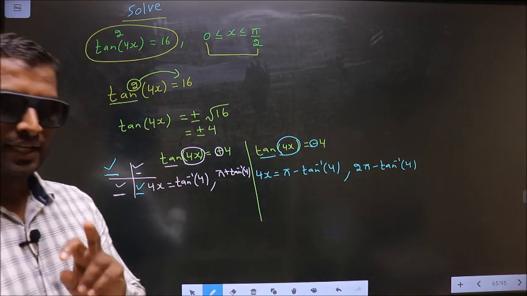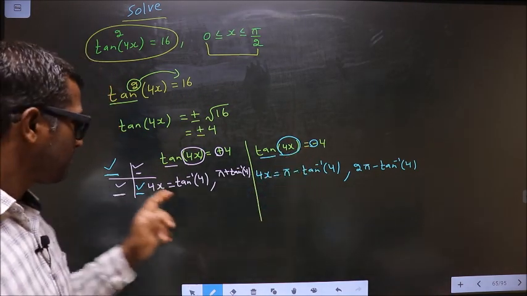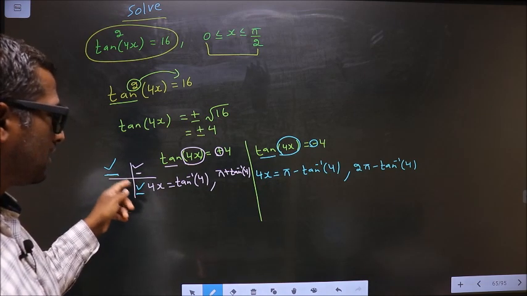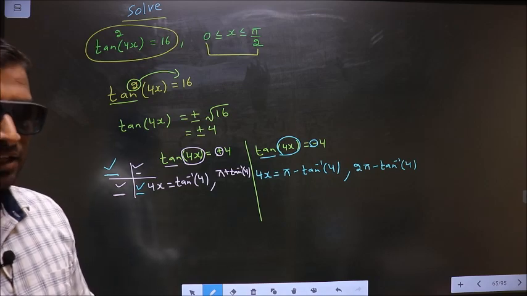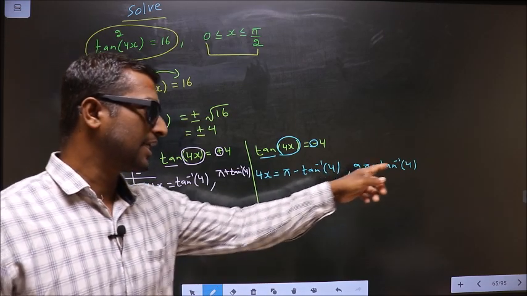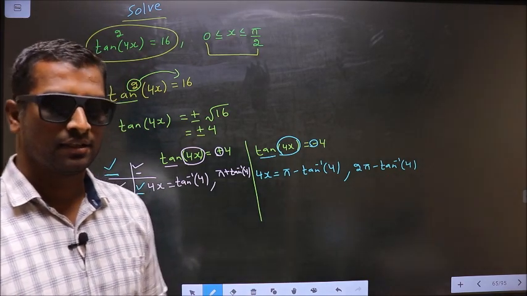Now, remember this, the negative sign should be used only for selecting the quadrants. Once quadrants have been selected, you should not place the negative sign again here. Remember that.